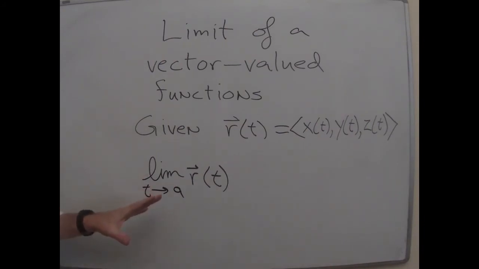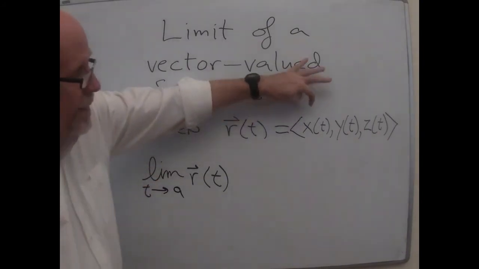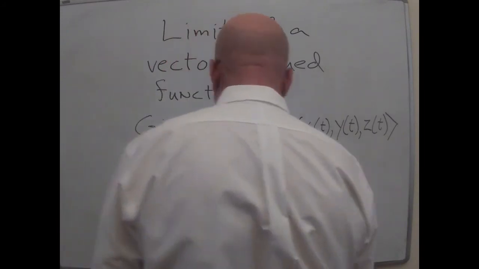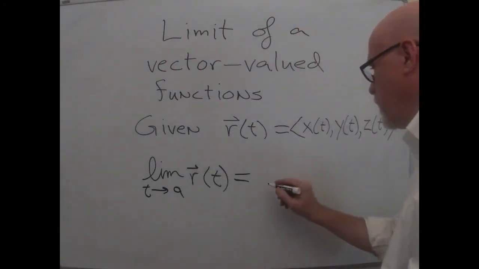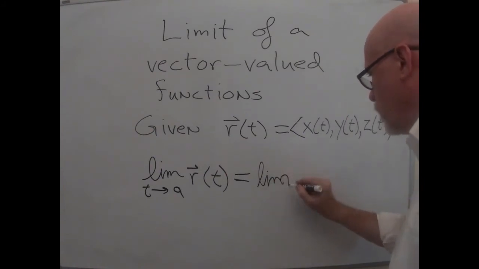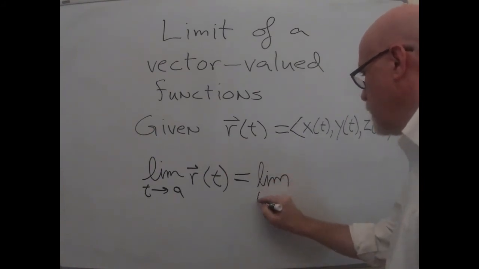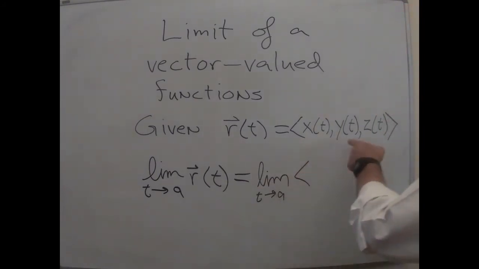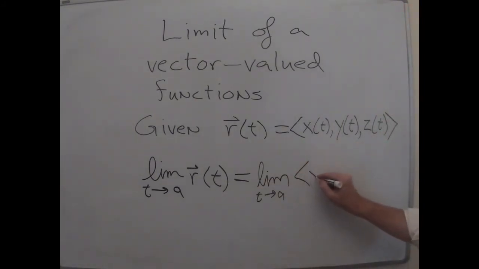And what that looks like is that the limit here can distribute into the vector. Let me write this in two stages. First, we'll take the limit as t goes to a, and replace r of t with this expression in terms of its coordinate functions.